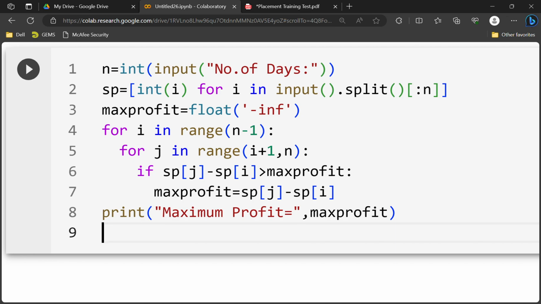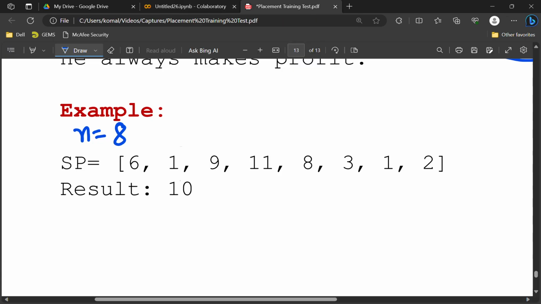That's all. Now let us run this code for the given input. What is the input they have given? Let me run this code.